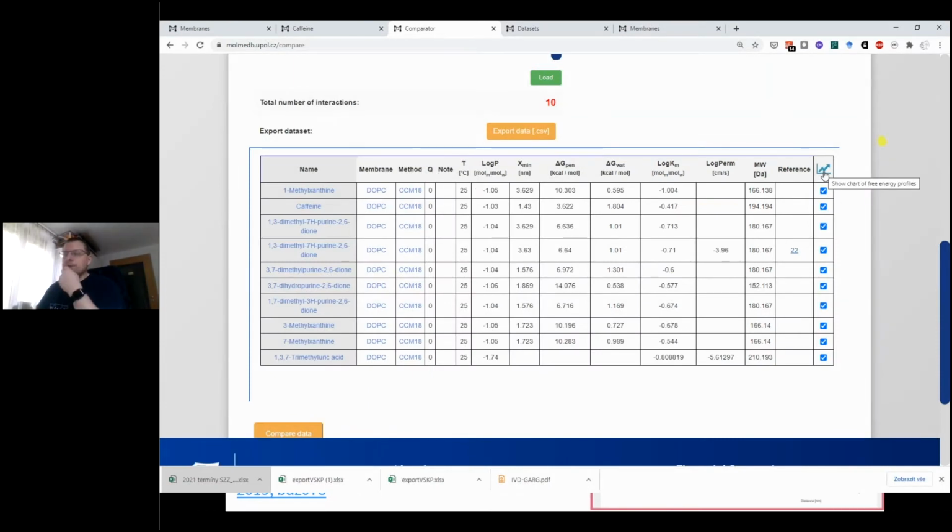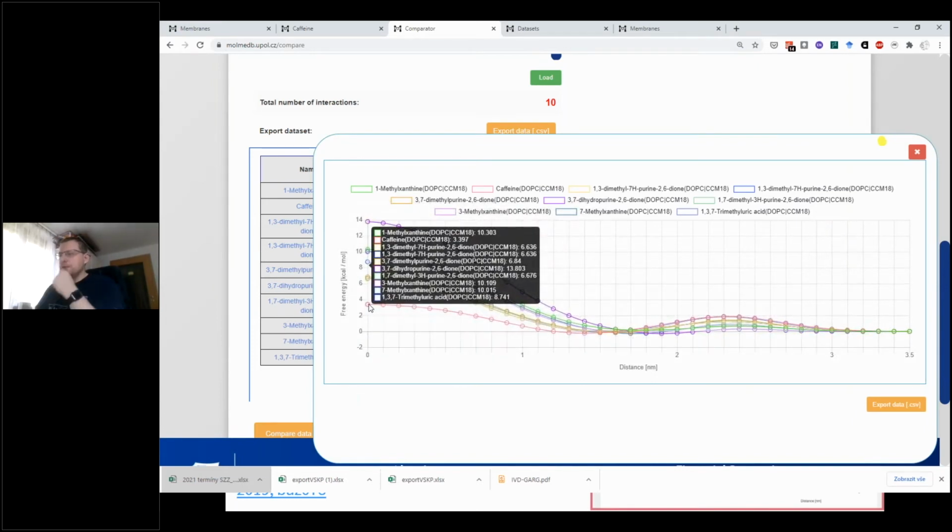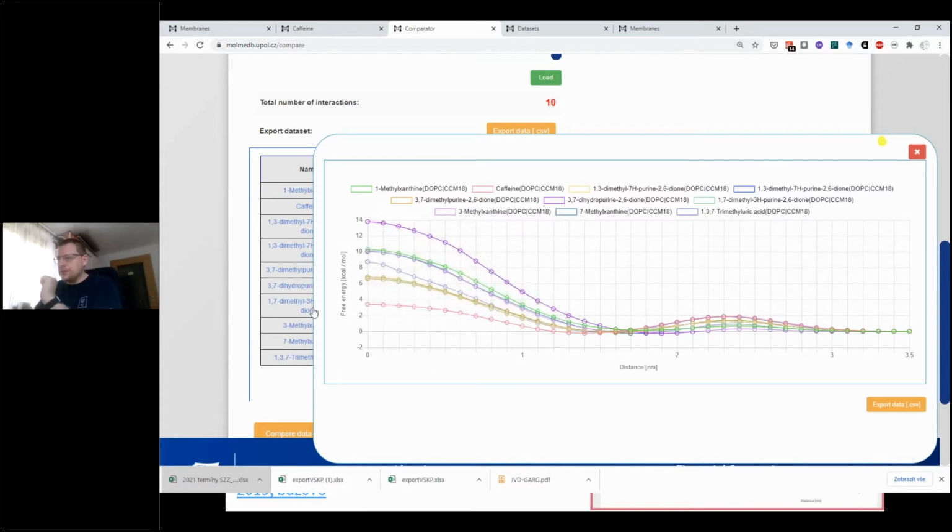So these are all these different xanthines, compounds such as caffeine and its metabolites. If I compare them, I can see that caffeine is one of the most permeating molecules here, because the free energy profile shows me values around zero. This is the center of the membrane, and here is the part which is in the water phase.